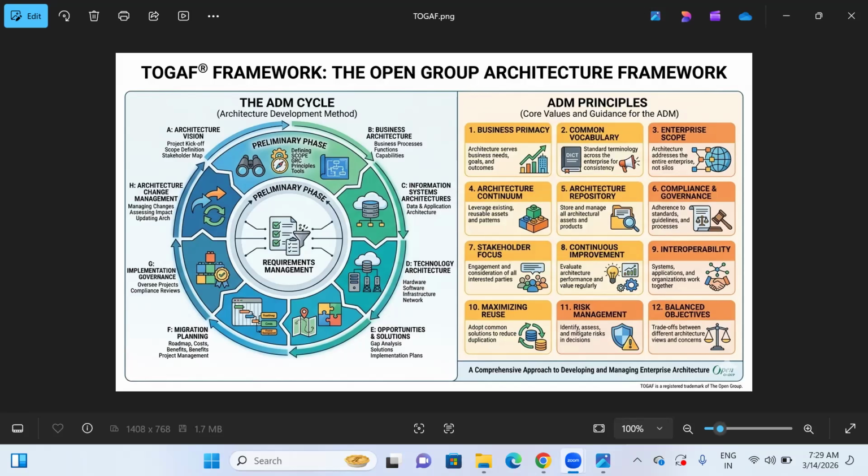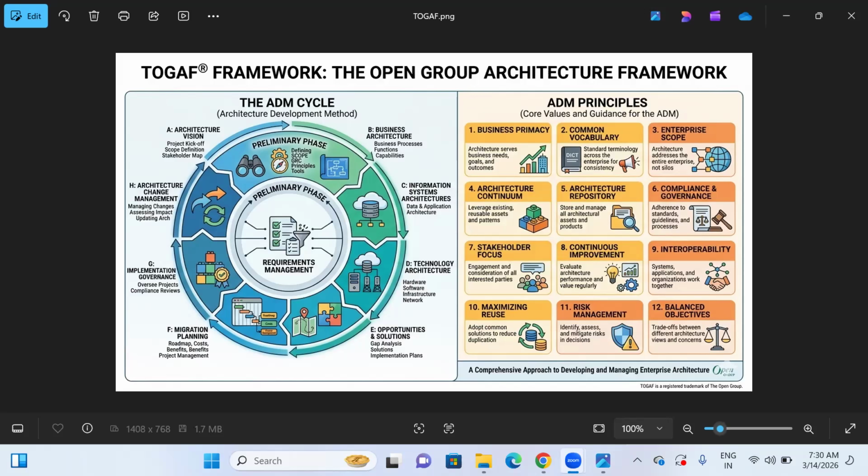That is even important. Followed by risk management, what kind of risk management measures we are taking, by identifying and assessing the risk, mitigating the risk, and decisions and all. Next is balanced objectives, the trade-offs between architecture views as well as concepts. So it's all about balanced objectives.